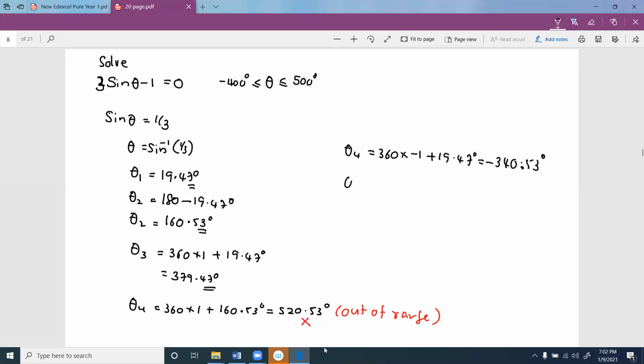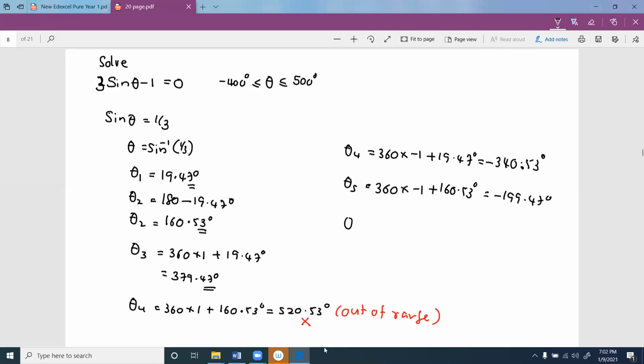Then theta 5 is 360 into minus 1 plus the second angle 160.53, so minus 360 plus 160.53, that is minus 199.47.